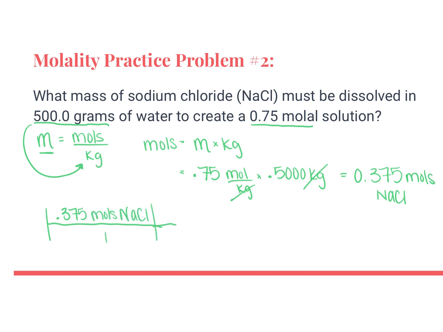How do we get from moles to grams? Okay, we all find the molar mass of NaCl. Okay. So we're getting 58.44 grams.